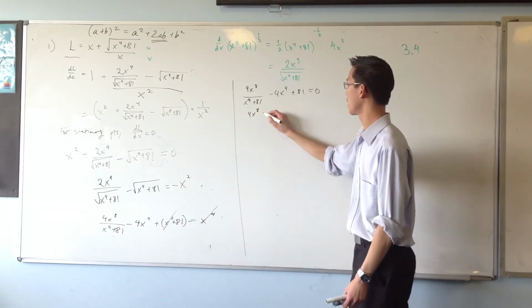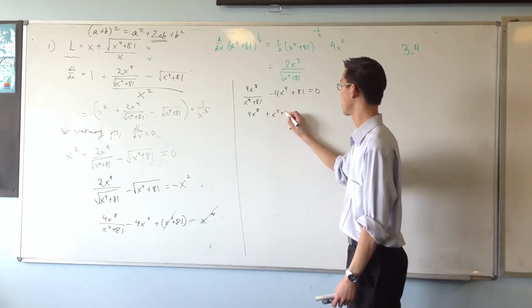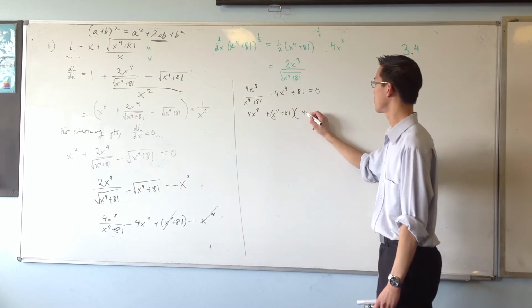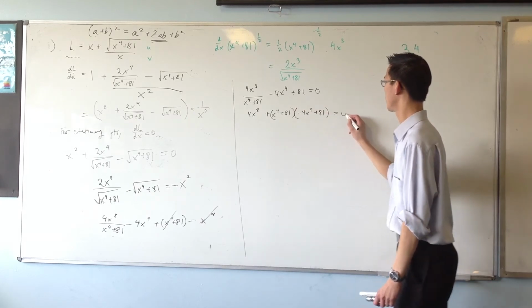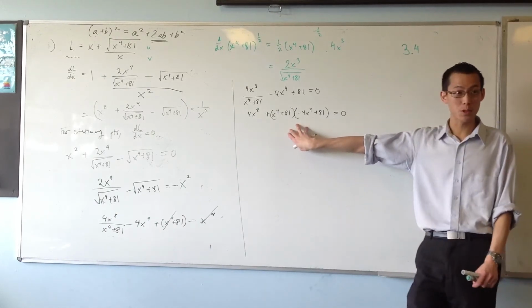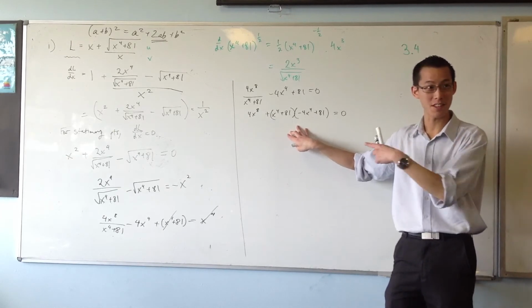So what have I got here? I'm going to put this all together. Is that okay? Yes? Now, no, that looks terrible too, but it's terrible in exactly the right way that we need. Can you see why?